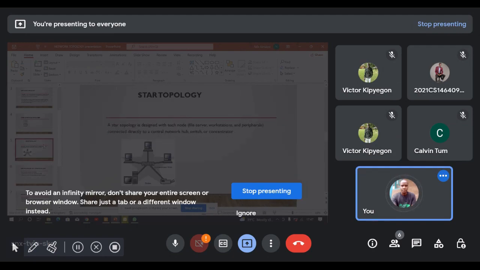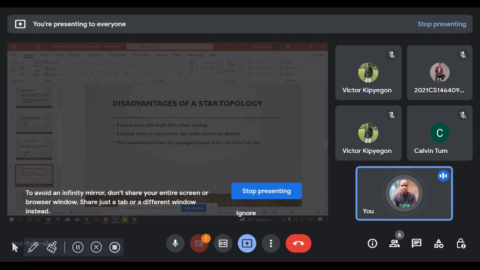That is, if the hub fails, the nodes won't be able to work. That will cause the disability of it to work.